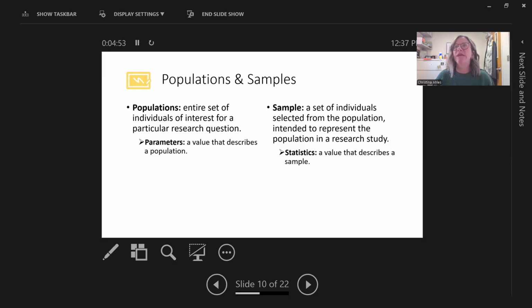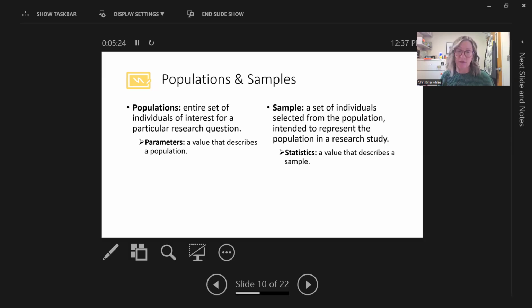For example, if you've taken Psych 101, you probably have heard of intelligence tests, and specifically the Stanford-Binet intelligence test. The average IQ in the population is 100. That is a parameter because that's a value that describes an average, also called a mean, for the population. Now, often we can't test hypotheses on entire populations.